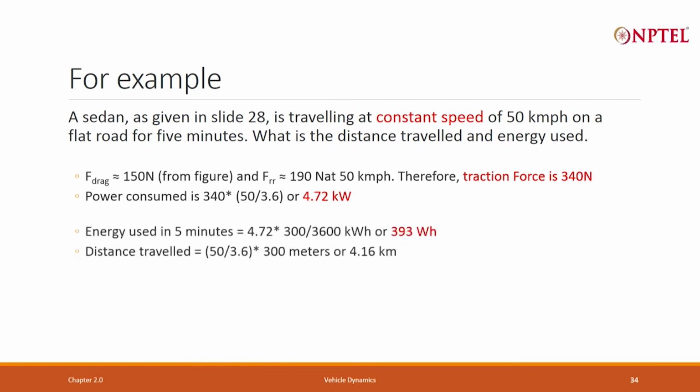What is the energy that I am consuming? 4.72 kilowatt for 300 seconds, and I divide by 3600 to convert into hours, because I want to write it not in terms of watt second, but watt hour.